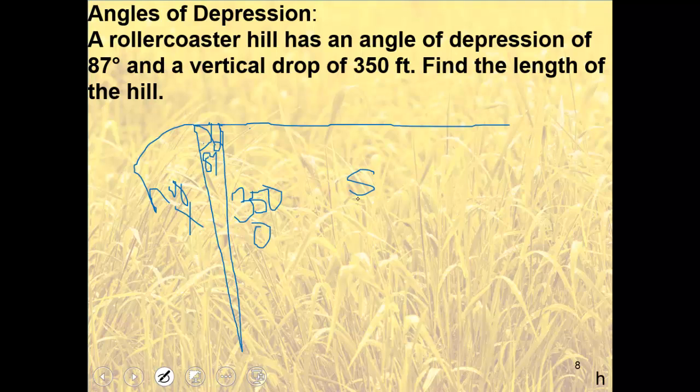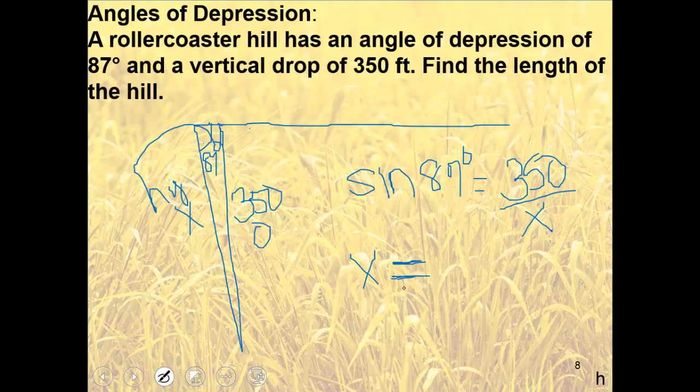So I'm going to use sine of 87 degrees is equal to 350 over x. So x is going to have to equal, multiply both sides by x, divide by sine of 87. So I get 350 over the sine of 87.